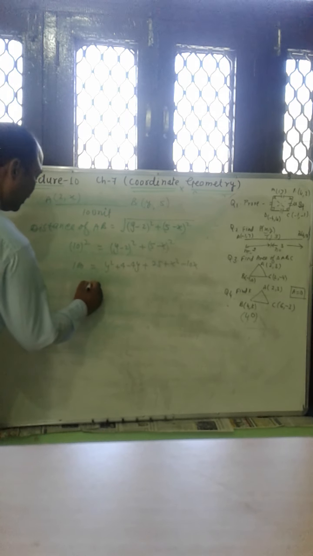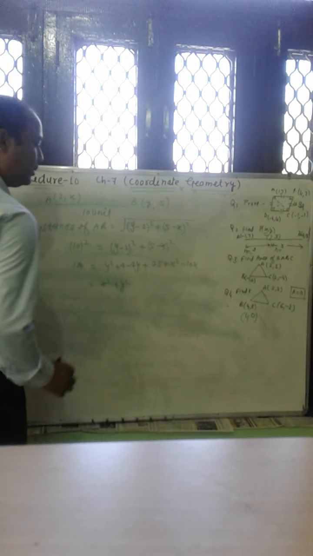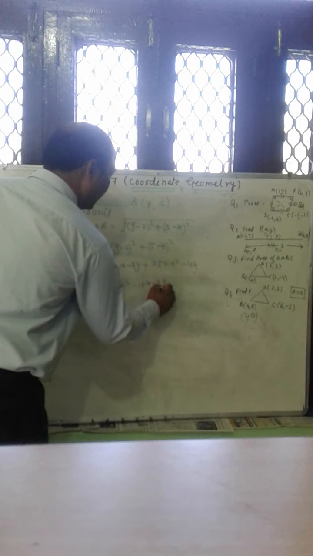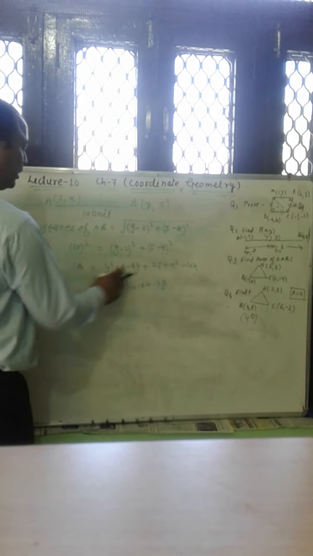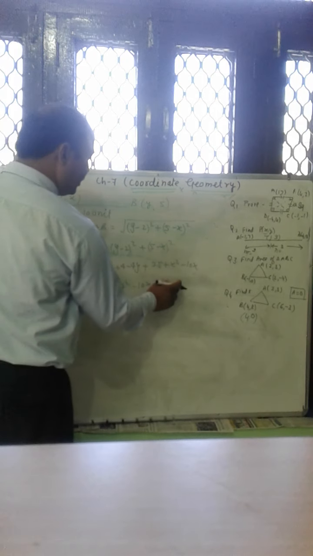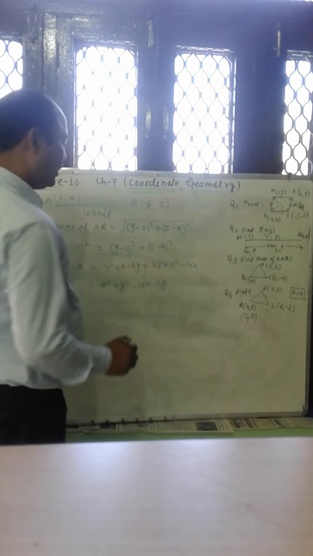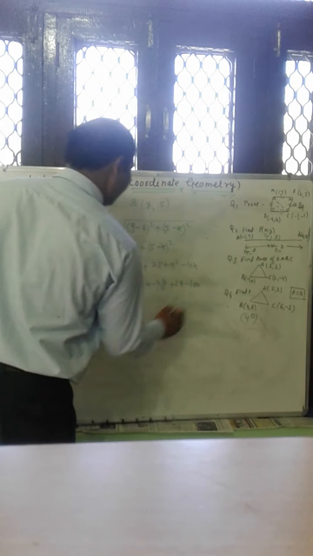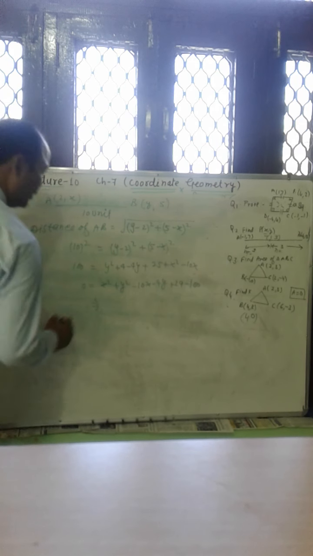Now here x square plus y square minus 10x minus 4y, here 29. This 100 goes to the right hand side, so 100 is negative, plus 29 minus 100. Then this is equal to 0 here.